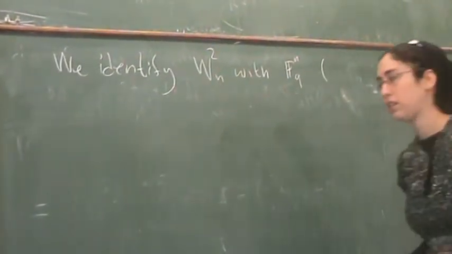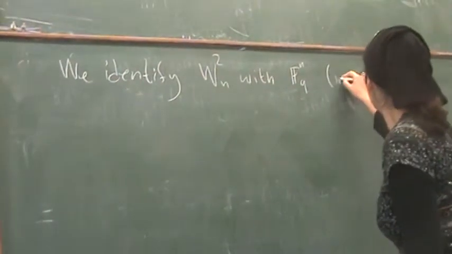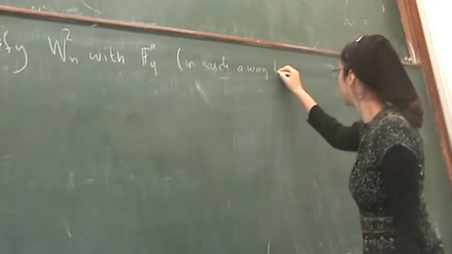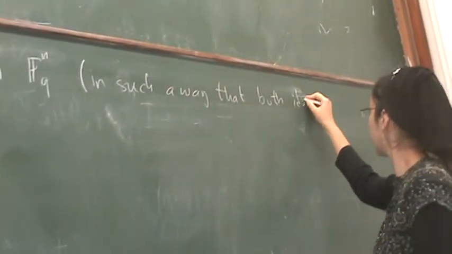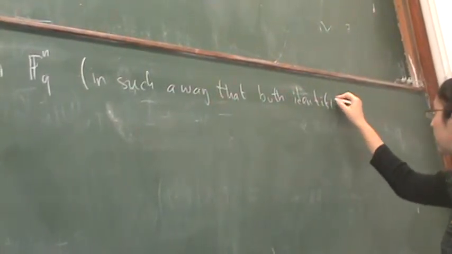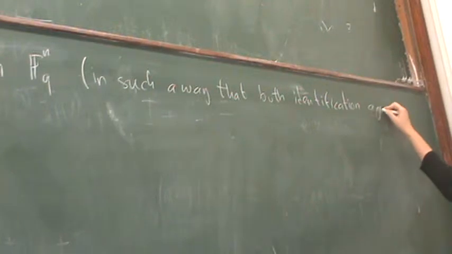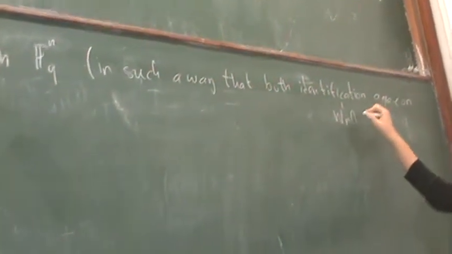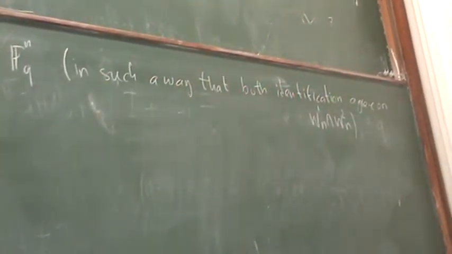We have to be compatible with the previous one in a certain way, so that both identifications agree on the intersection W1n intersection W2n, which should be possible.